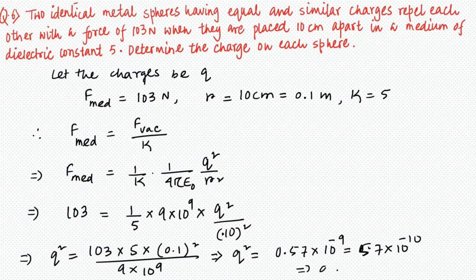So from here, q is equal to square root of 5.7 into 10 to the power minus 10, which is equal to 2.38 into 10 raised to the power minus 5 coulomb. So this is our answer. The charge on each sphere would be 2.38 into 10 to the power minus 5 coulomb.